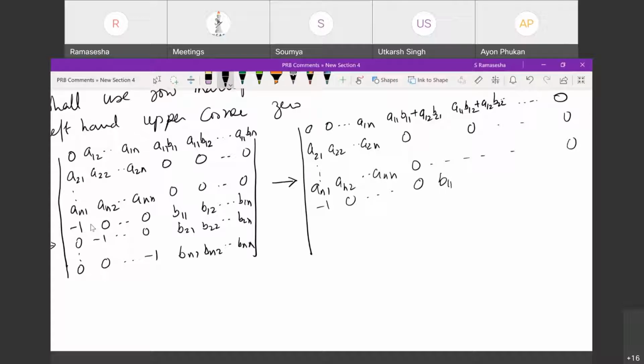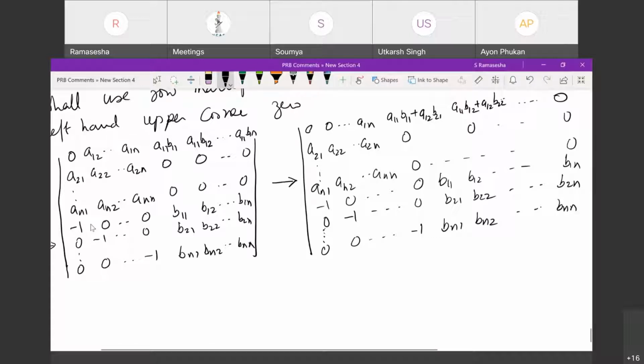Then I'll have 0, -1, 0, B21, B22, ..., B2n, and then 0, 0, 0, -1, Bn1, Bn2, ..., Bnn. So this will be the new determinant.